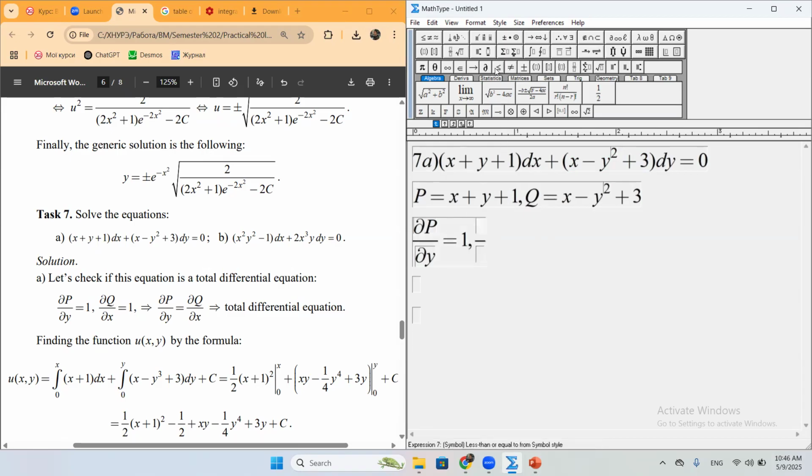Then dQ by dx equals 1 as well. So dP by dy equals dQ by dx, which means that we have a total differential of a function.